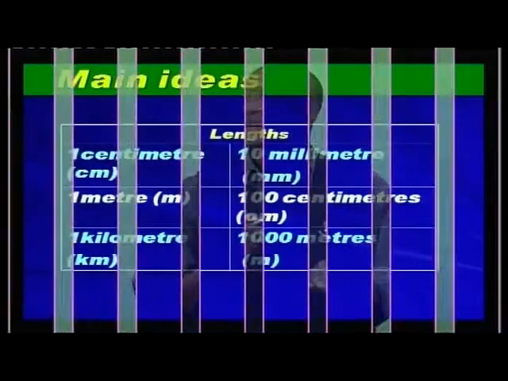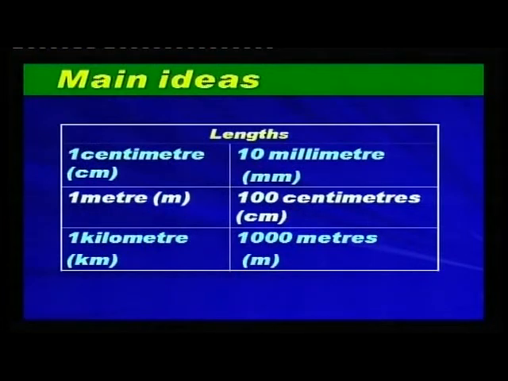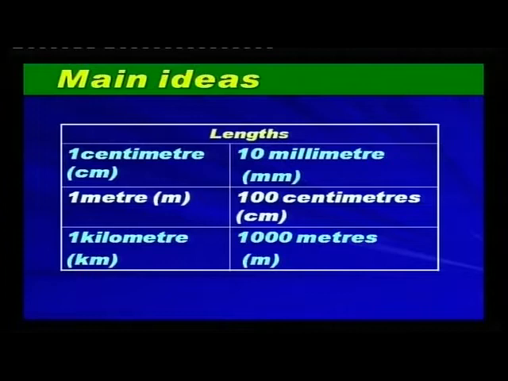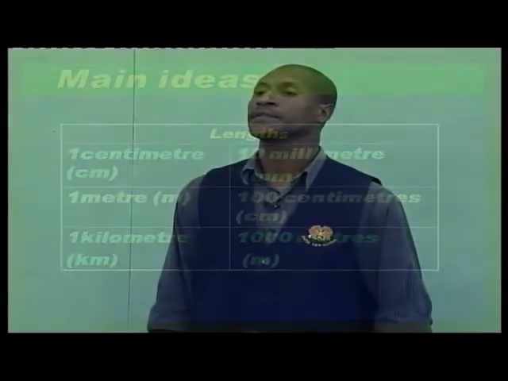And the last conversion of length is kilometers and meters. 1 kilometer is equal to 1,000 meters. So it's talking about distance. So every 1 kilometer is equal to 1,000 meters. So this is the basic conversion of lengths.